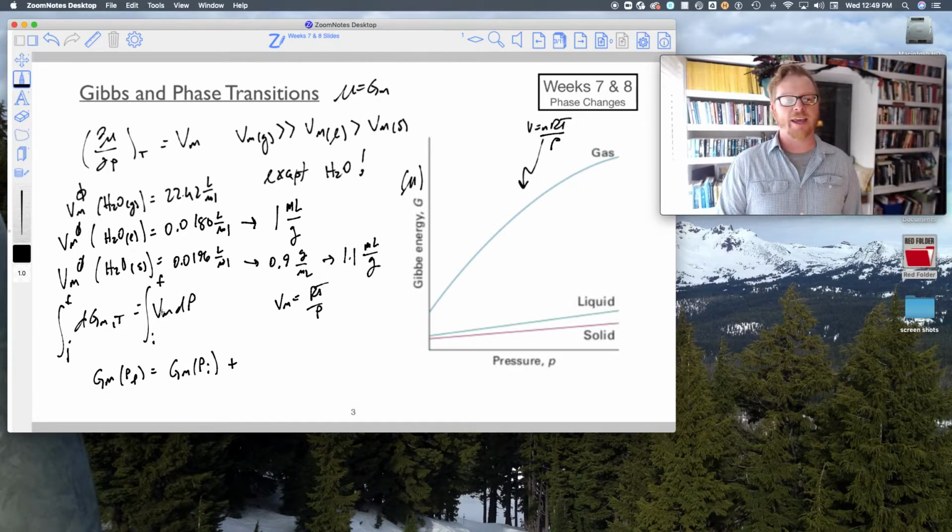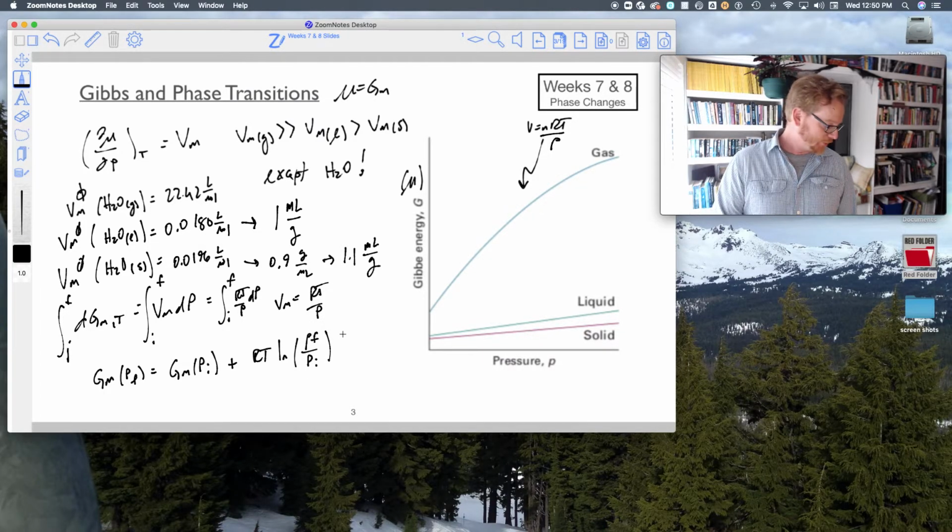So when I plug in RT over P, integrating from initial to final of RT over P dP, hopefully you recognize there's going to be a natural log in there, dP over P, and the RT is a constant. So what I get is plus RT times the natural log of P final divided by P initial.